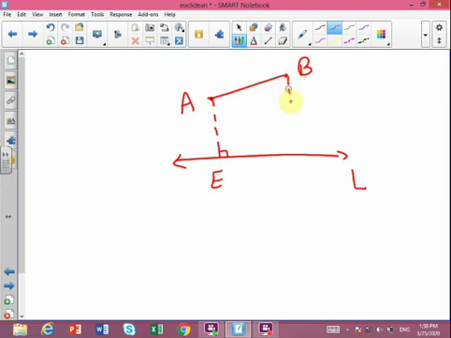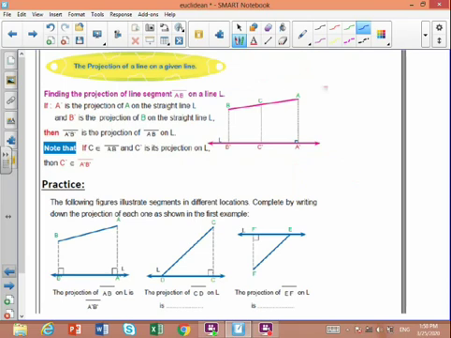And this one perpendicular, name it F. So the projection of AB on L is the line EF, where point A comes down perpendicular and point B comes down perpendicular.